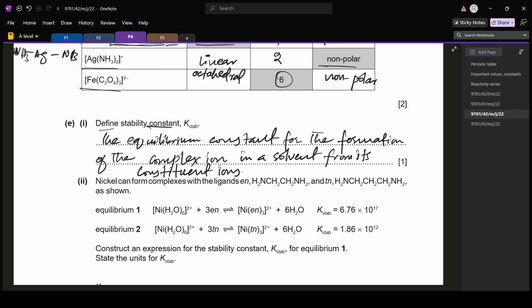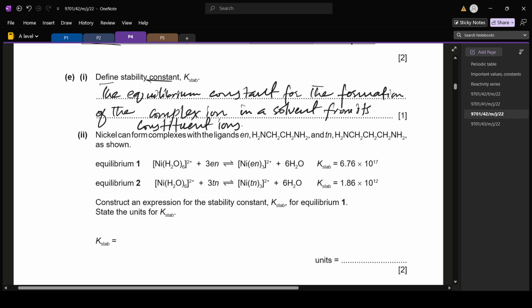So this is the definition of stability constant. It's an equilibrium constant for the formation of a complex in a solvent from its constituent ions.